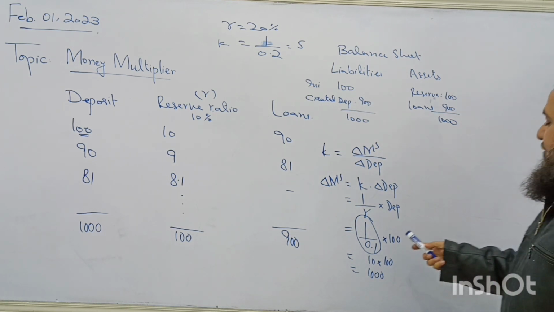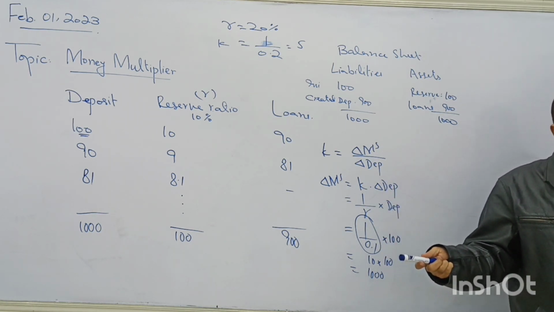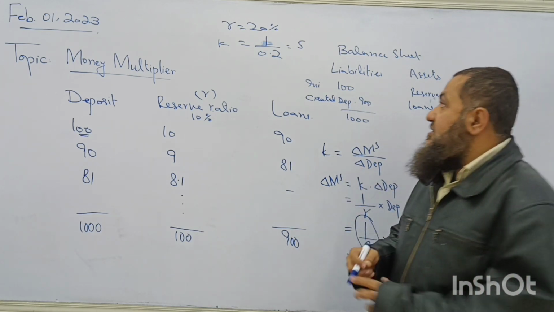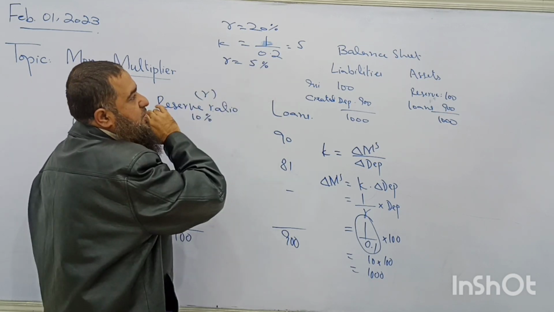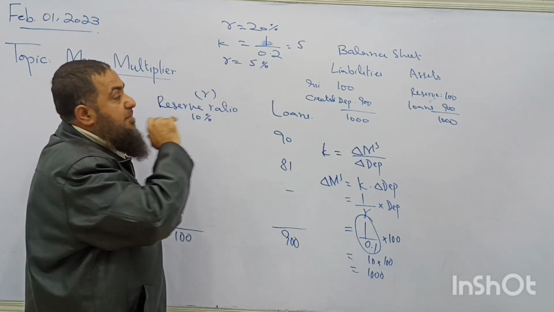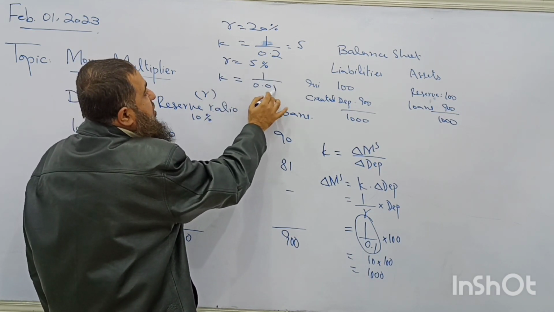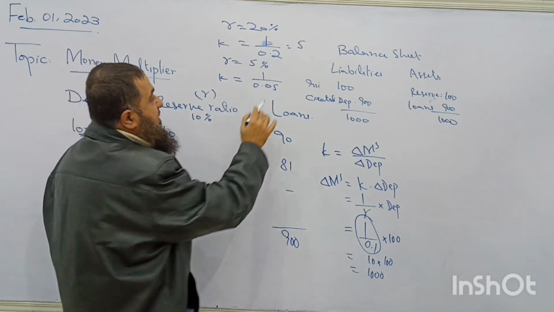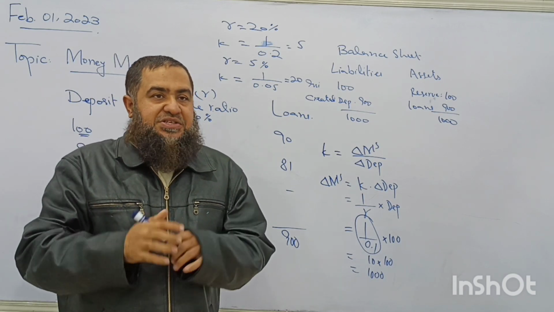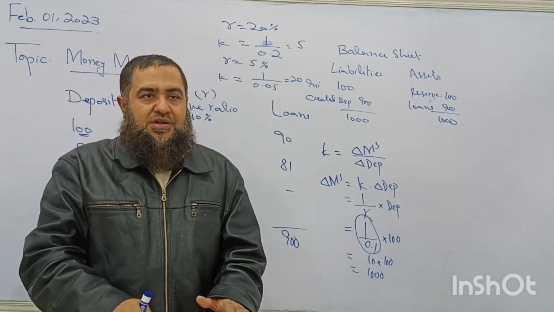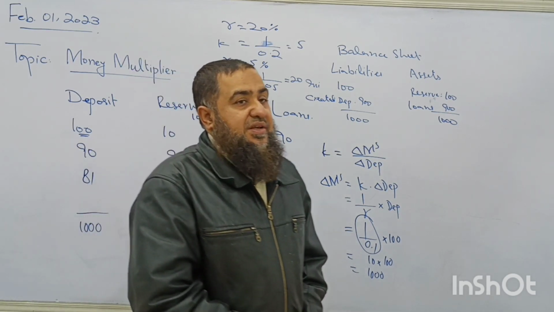So when the reserve ratio is increased by the central bank, the money supply will decrease, and when the reserve ratio is decreased, for example 5%, what will the K be? 1 over 0.05. So the multiplier value will be 20 now. If the central bank decreases the reserve ratio, the credit multiplier or money multiplier will increase.